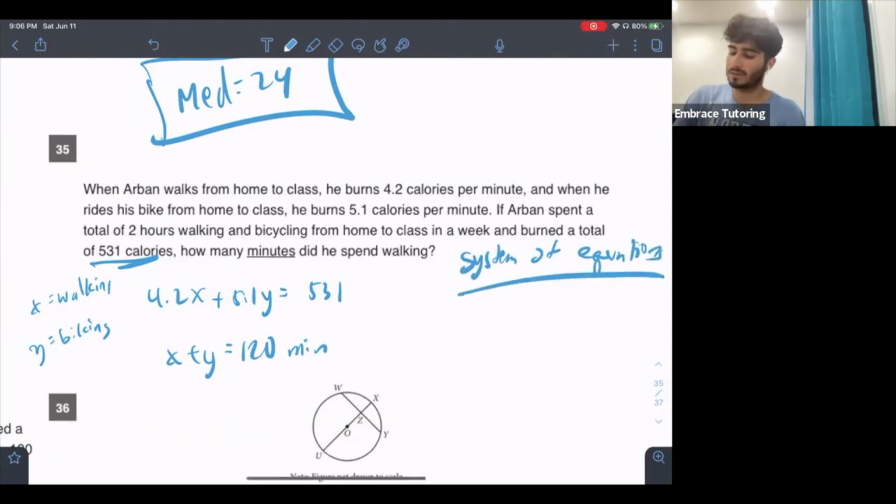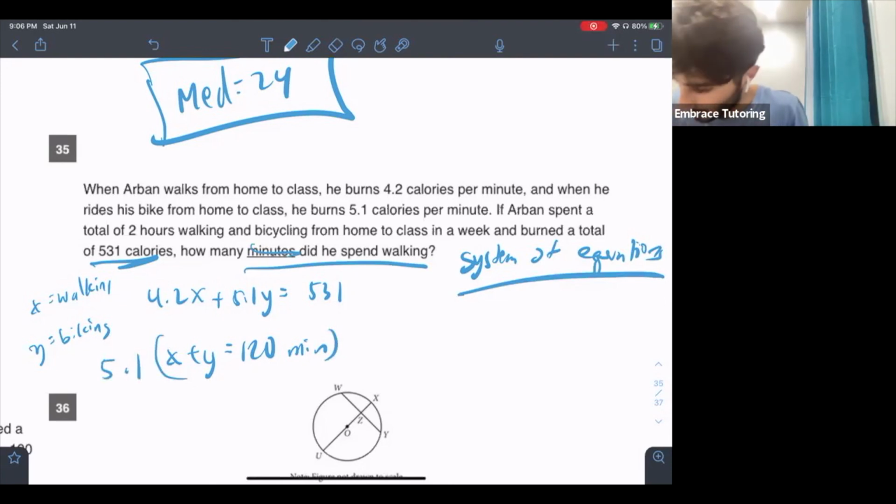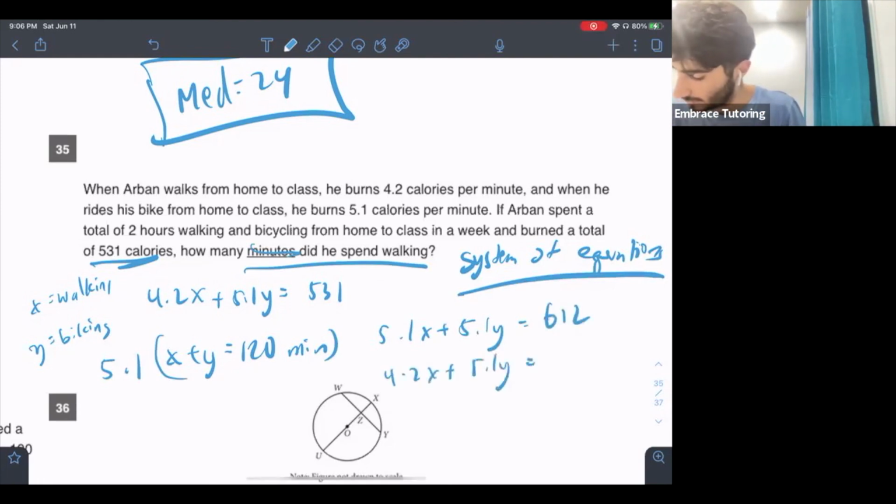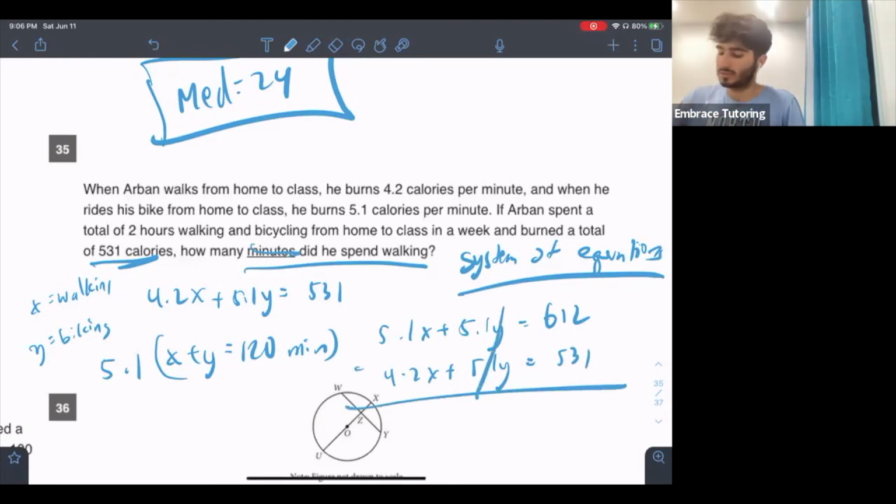What you can do now, looking for how many minutes you walked, is eliminate the y's. So you can multiply everything by 5.1. You get 5.1x plus 5.1y is equal to 5.1 times 120. You get 612, and then you have 4.2x plus 5.1y is equal to 531. Subtract both equations, which eliminates the y's.